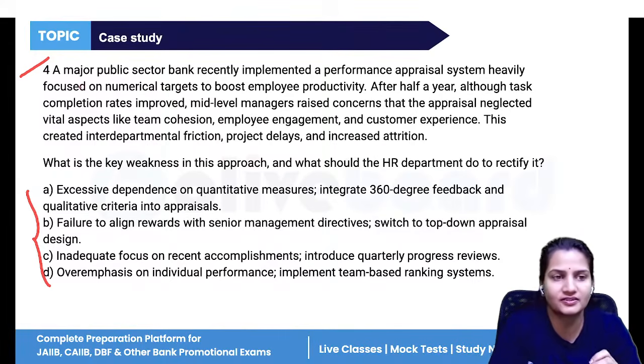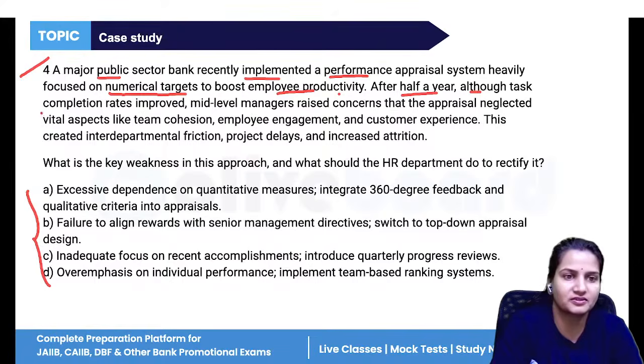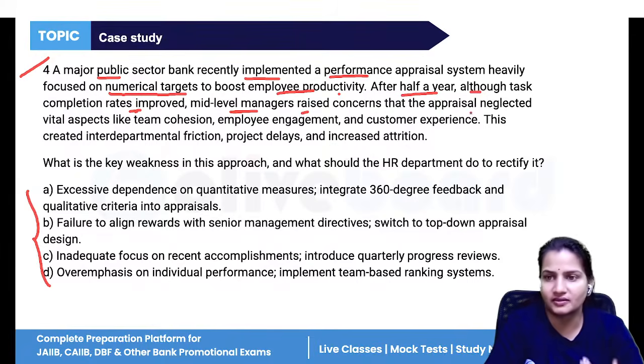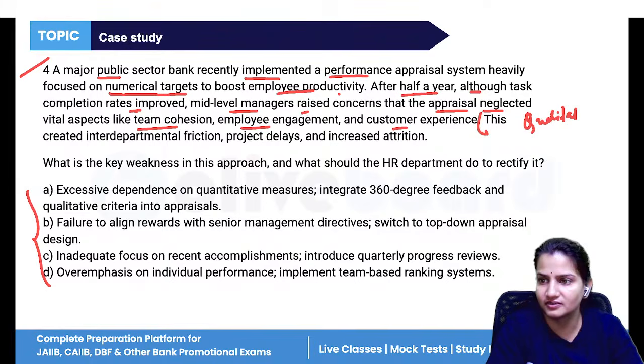The question says that a major public sector bank implemented a performance appraisal system that focused heavily on numerical targets, to improve employee productivity. After 6 months, although task completion rates improved, the managers raised a concern that team cohesion, employee engagement, and customer experience were neglected. So the qualitative factors were not considered, only quantitative factors were fulfilled, which further created project delays and increased attrition.